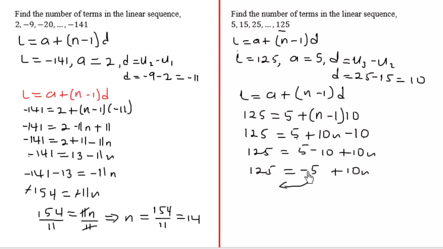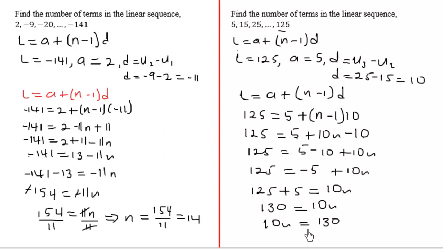So on the right hand side it is negative 5. The moment it comes to the left hand side of the equal sign, it changes to positive. So note that. So we have 125 plus 5 equals 10n. So 125 plus 5 gives us 130 equals 10n. So you can also write 10n is equal to 130.